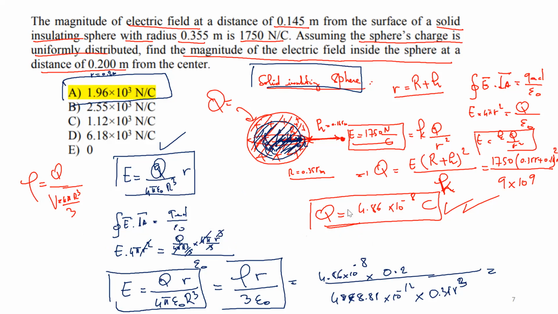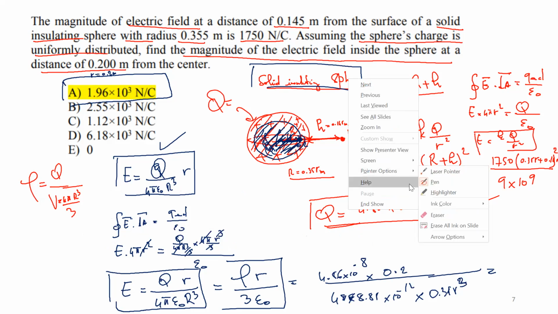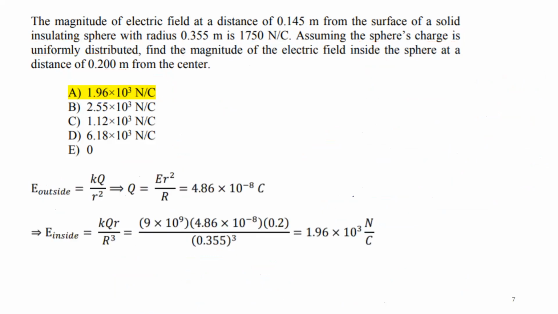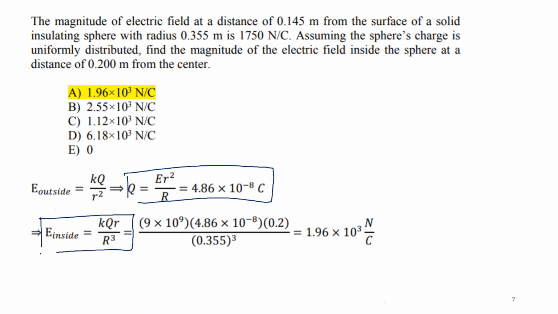So this is what I did here. Let me just show you again. From E outside, I get Q. And from Q, I just apply this formula, which is in your formula sheet, which applies to a solid insulating sphere with this radius.